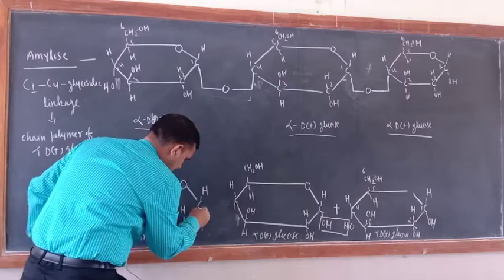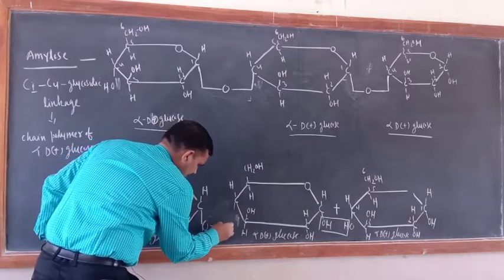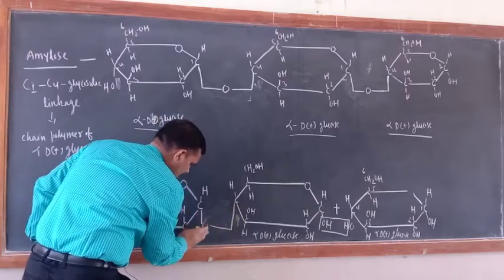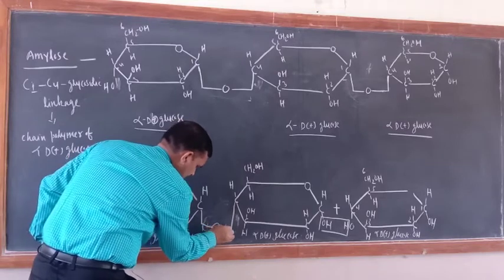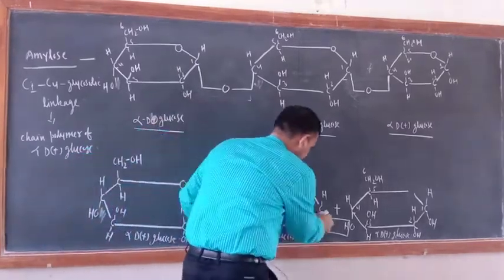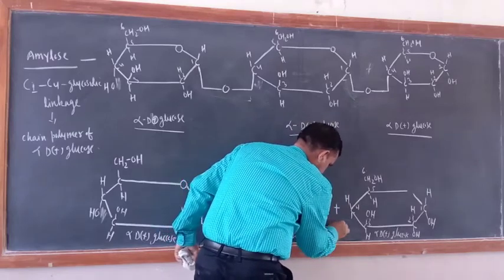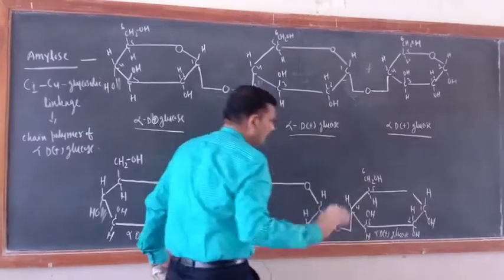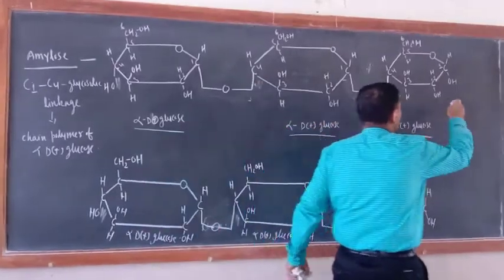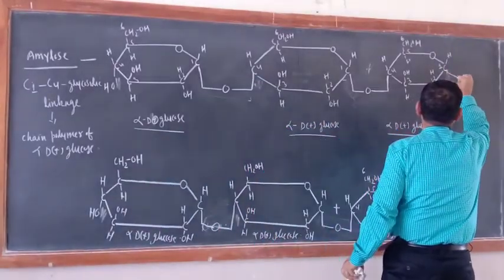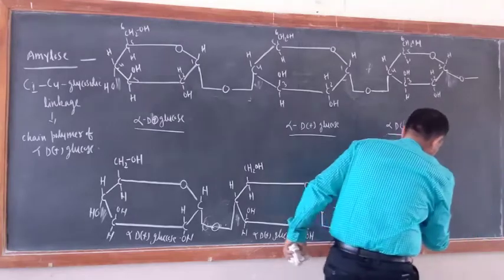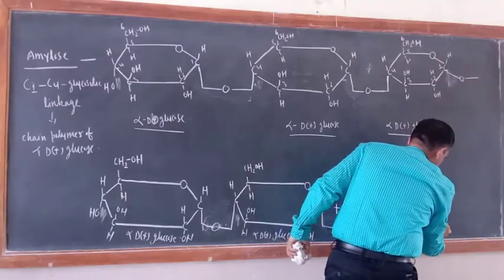Between this one and this one, oxygen, and this oxygen, in between oxygen. Okay. Here also just see O and O. Now here also it will happen. So just write down here O like that. Here also O like that.